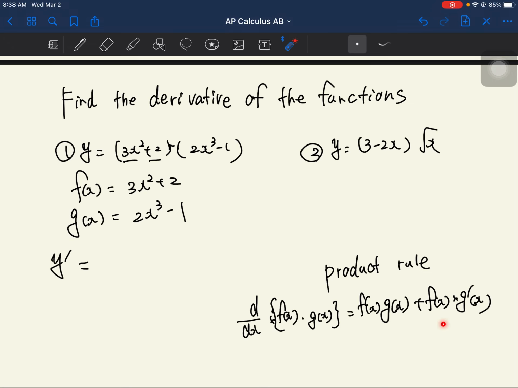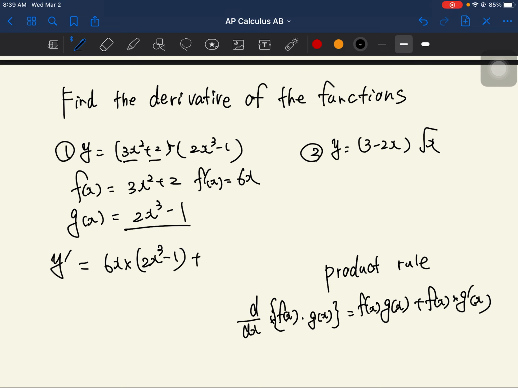It's the first time, so let's just solve this question while reading this equation. To find the derivative of this function, first you find f prime of x, which is 6x plus 0. So you can put 6x times g of x, which we use as it is, 2x cubed negative 1.